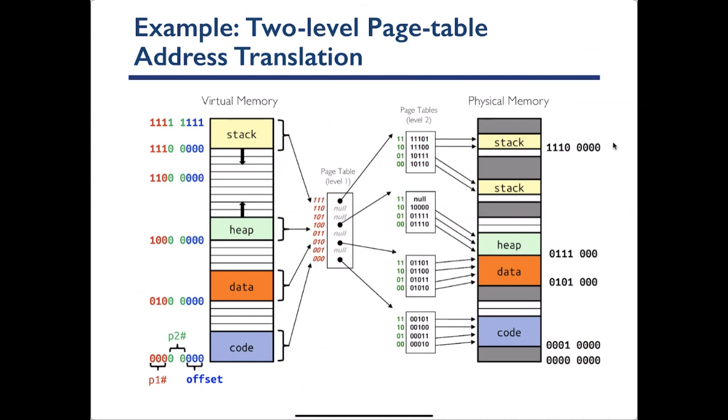So here is the example, the same example that we saw in the flat page table translation. Again, let's say each page has 8 bytes, so I need 3 bits for offset.